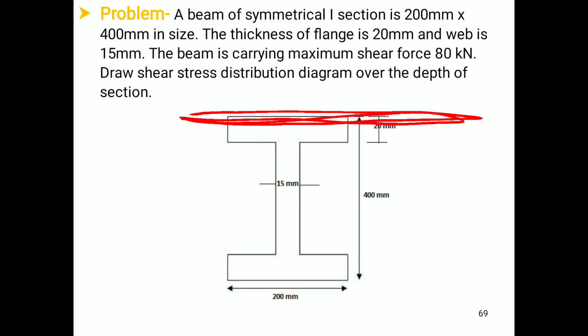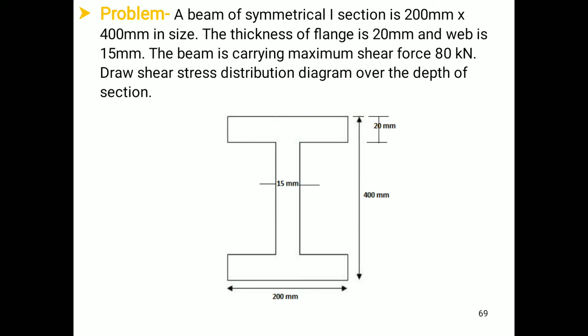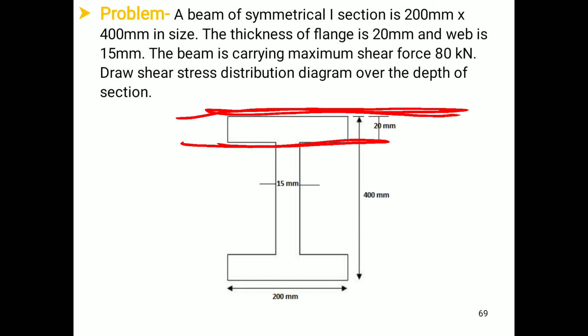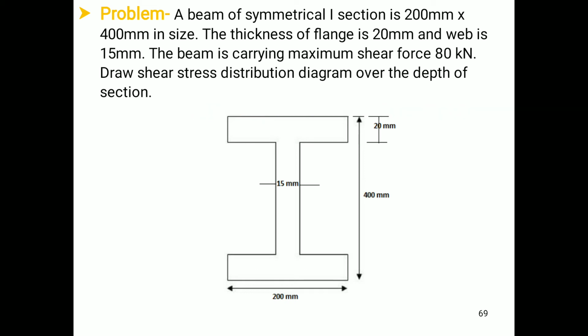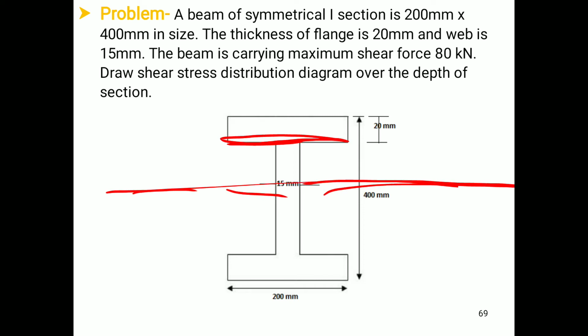Then the junction of flange and web, this part is the junction. Next one, we have to concentrate at the neutral axis. Those are the points where we have to determine the value of shear stress. You have to remember this.